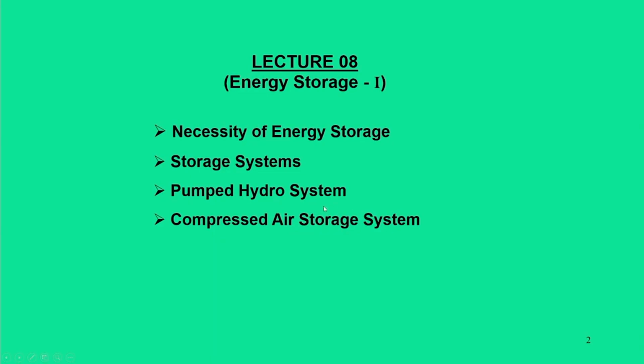Both these storage systems have the same philosophy, but the only difference is that in a pumped hydro system the storage medium is water, whereas in compressed air storage systems the storage medium is air. But before we start, let us try to understand why we require storage.